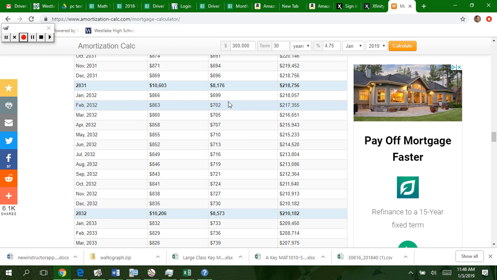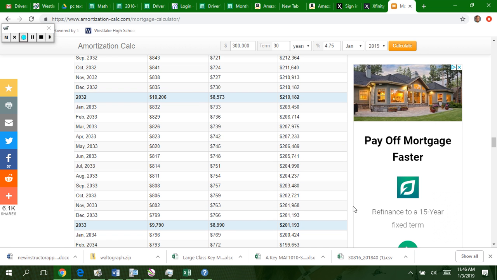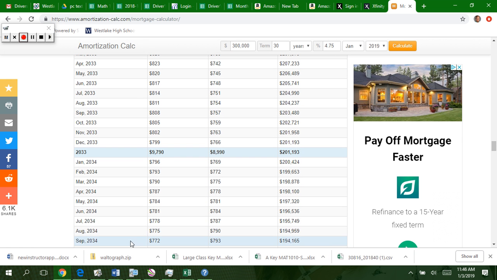Now notice my principal is going up, isn't it? It's getting there. Right here, we're getting there. $796 to interest. Right there, that's our first. May 2034 is the first time I'll pay more to my principal than I will pay interest.